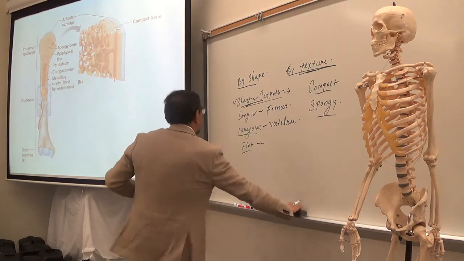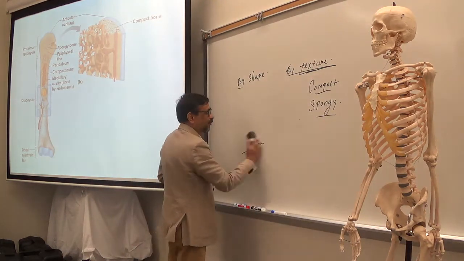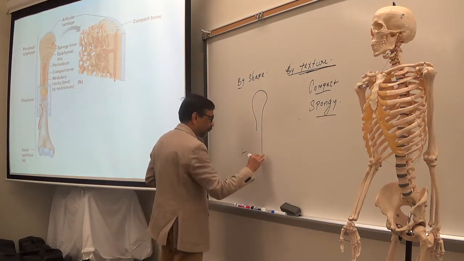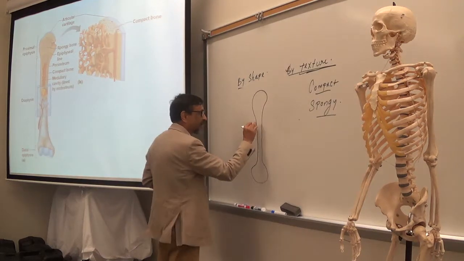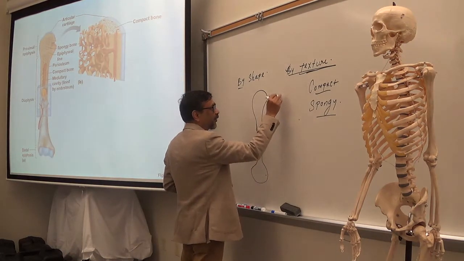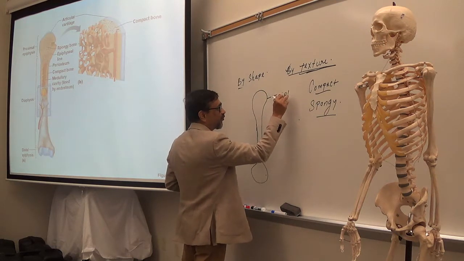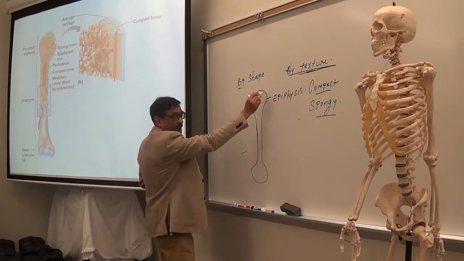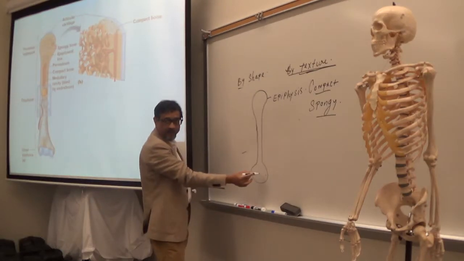So this is a long bone. These 2 ends are called epiphyses. Now, this is an epiphysis. This is another epiphysis.